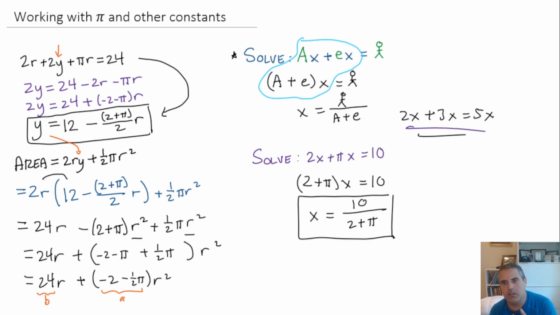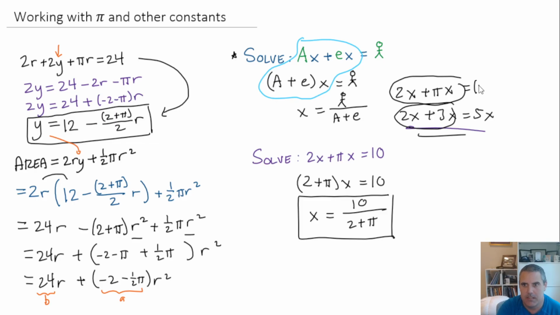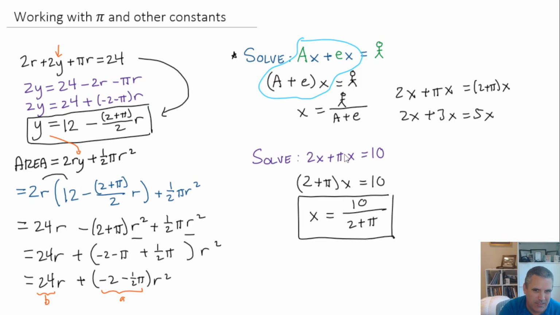I just want to do a little thing about the reason that looks bad is because of the pi, but actually I think the confusion, and please correct me if I'm wrong, if anybody in the world watches this video, I think the confusion is this understanding that this is 2 plus pi times x, and that's actually doing the exact same thing as when it's 2x plus 3x. So I think it's a factoring thing that's causing the problem. There are other issues, but I hope that sort of helps for that one specific thing.